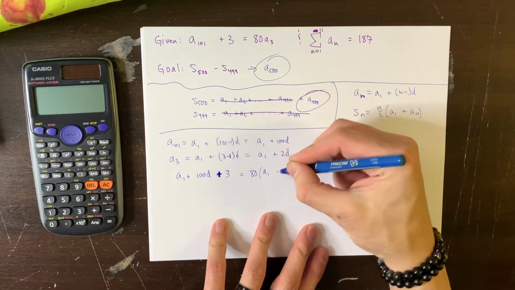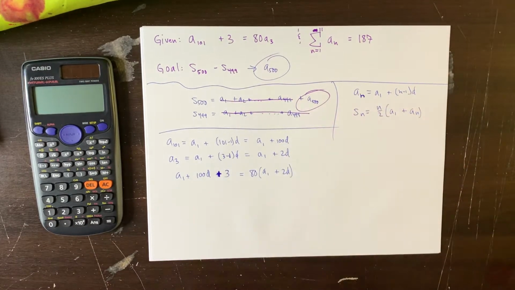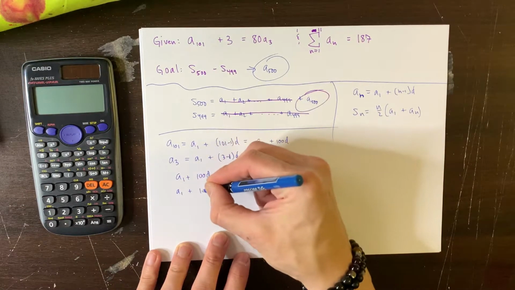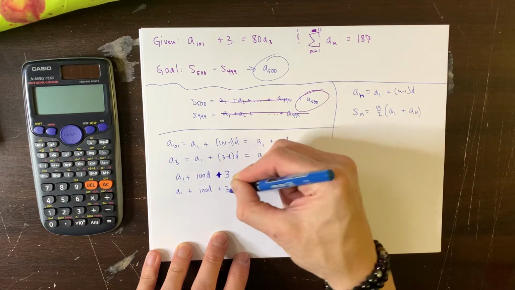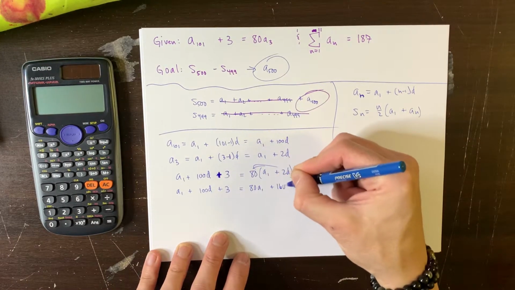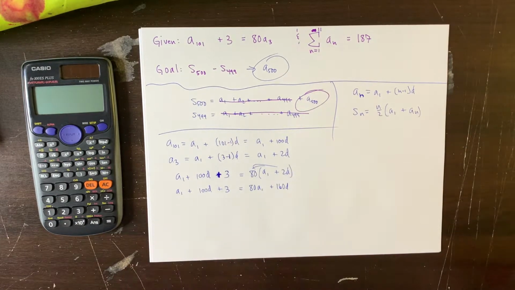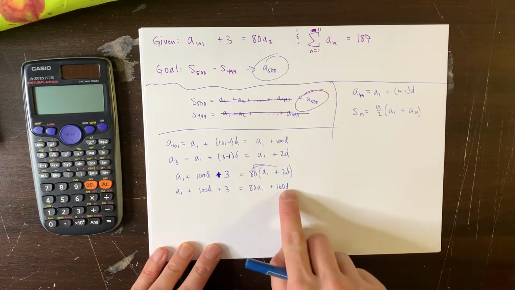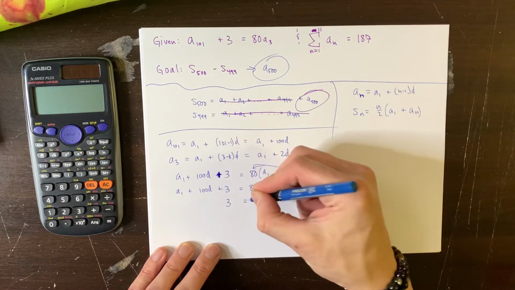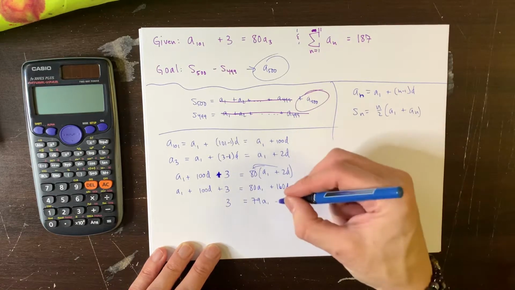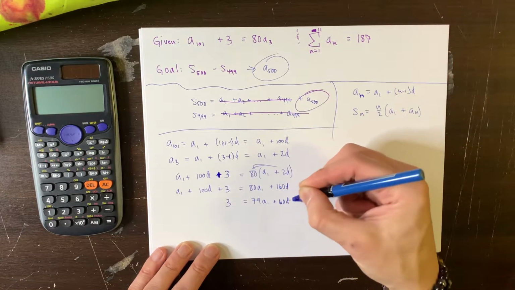It's A1 plus 2d. Maybe I can distribute the 80. So A1 plus 100d plus 3 equals 80 A1 plus 160d. Maybe I can subtract A1 and subtract 100d from both sides. So 3 would be by itself, and that'll be 79 A1 plus 60d.